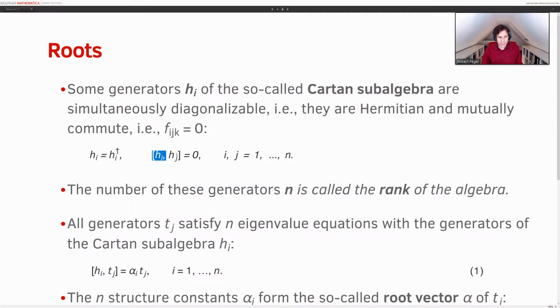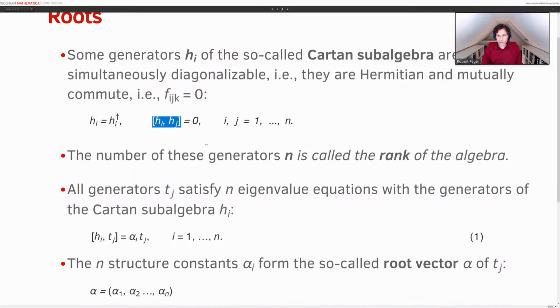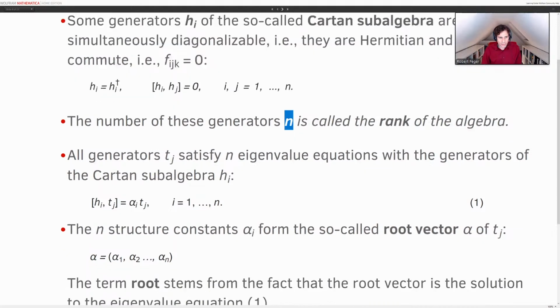I wrote that down here. This is the commutator or the Lie bracket of the generators, and it's all 0. And there's only a certain number of these generators, which is n, and this is also called the rank of the algebra, of the Lie algebra.